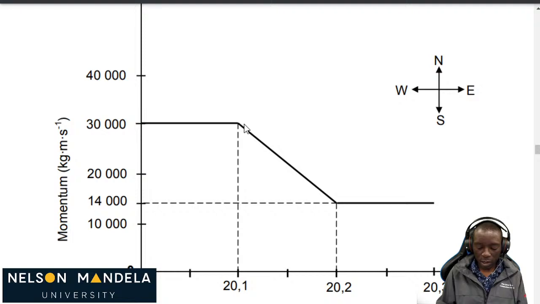The final momentum is mass A times V final just before collision, minus 30,000. So we could use this where we say the momentum there is just 30,000, which is the same thing, equal to 1,500 times VA initial.